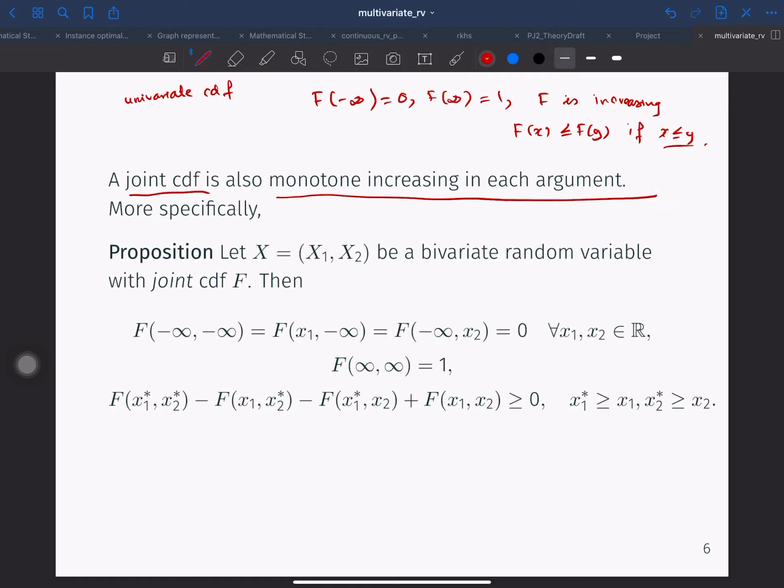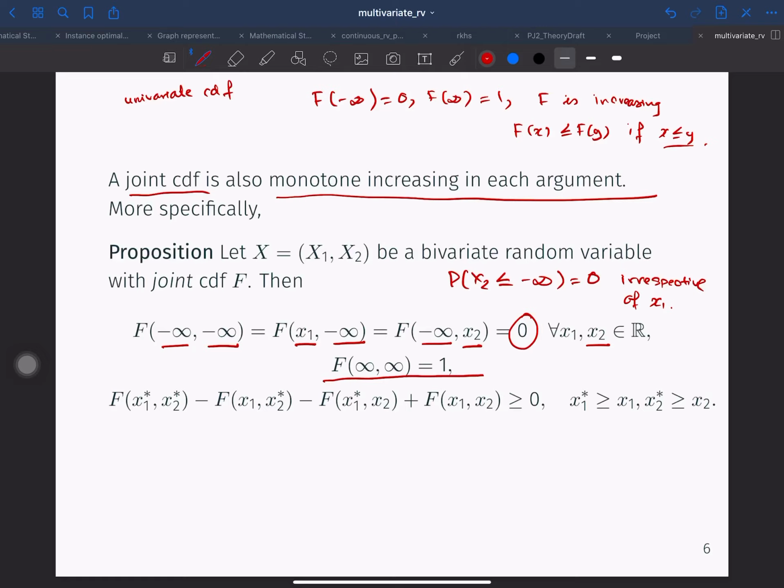More specifically, F of negative infinity and negative infinity is the same as F of any value x1 and negative infinity, which is the same as F of negative infinity and any value x2, all of which are equal to 0, just because the probability that X2 is less than or equal to negative infinity is always equal to 0, irrespective of x1, and vice versa. And furthermore, F of infinity and infinity is equal to 1.